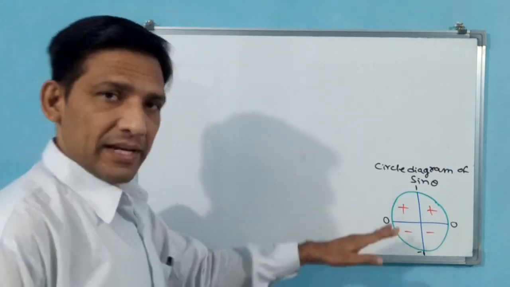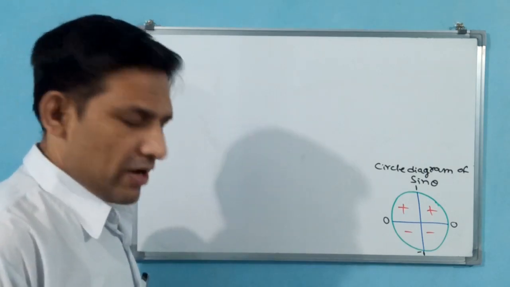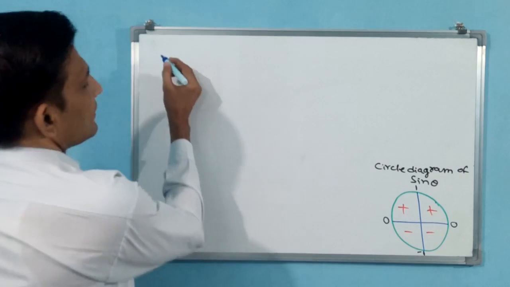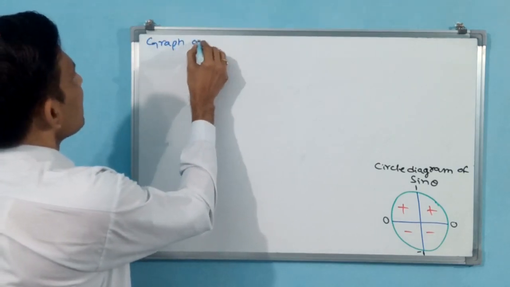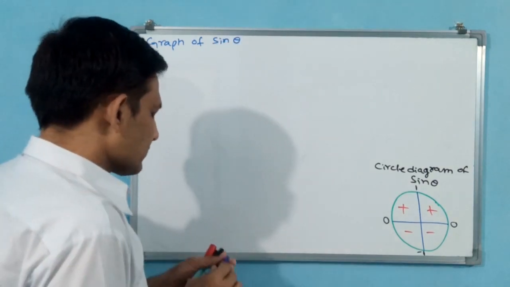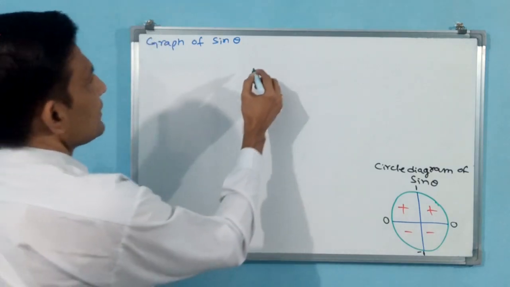Now based on this circle diagram only, observe carefully how I am drawing the graph. Now I am putting the heading as graph of sin theta. You see now how I am drawing the graph.